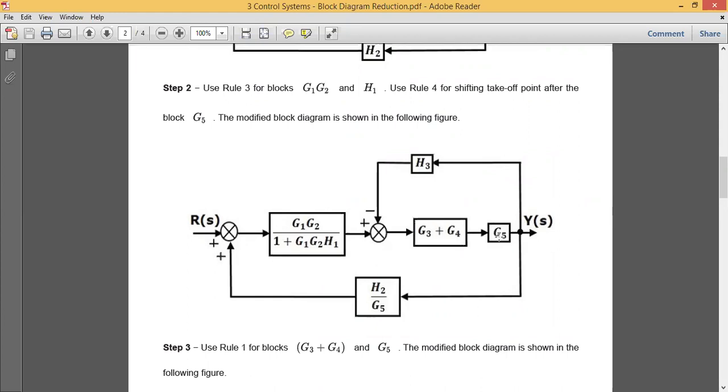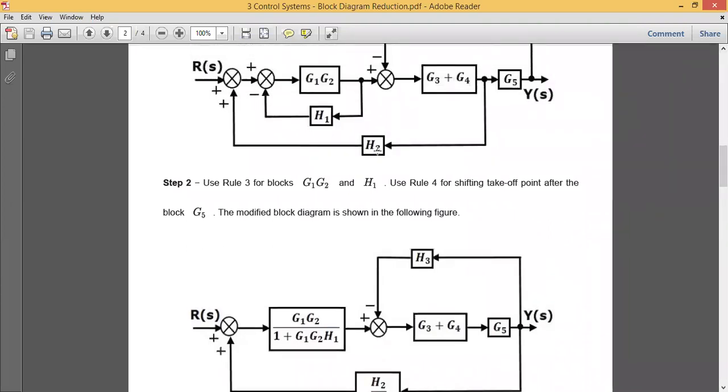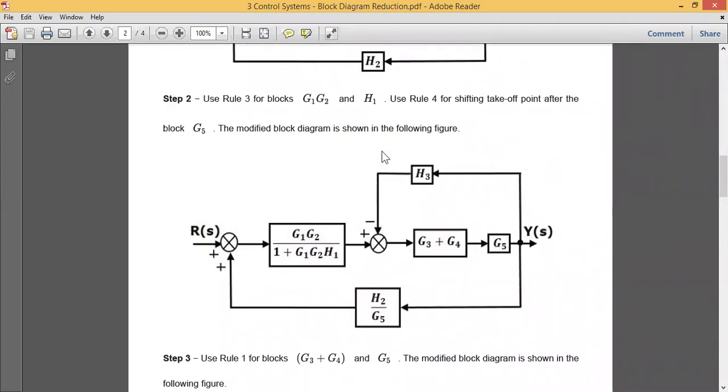The transfer function is nothing but G5, right? So here it is H2 multiplied by 1 by G of s. That is why they have written H2 divided by G5.